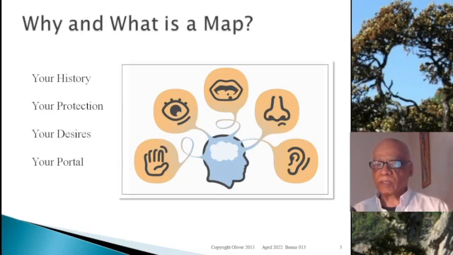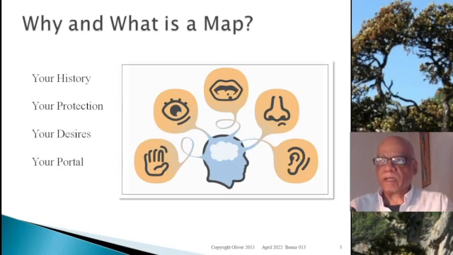So one important aspect of the map is beyond it just being a historical record of who you are. It flags the things that you need to protect yourself from. So what's important to protect yourself? So protection is a major, major part of your map.